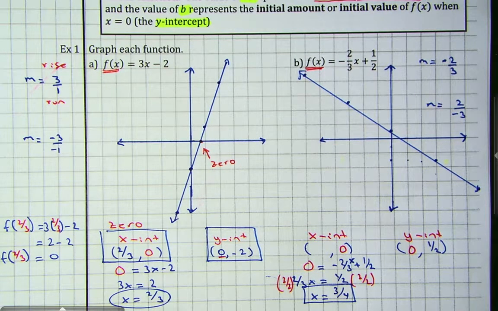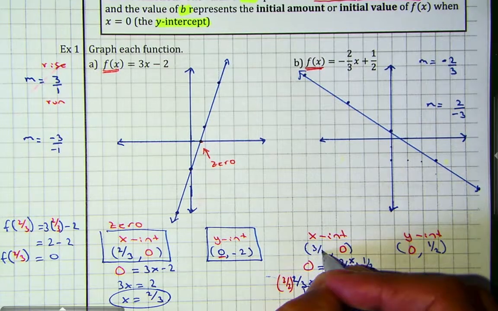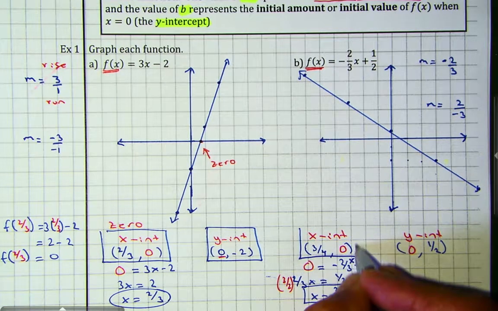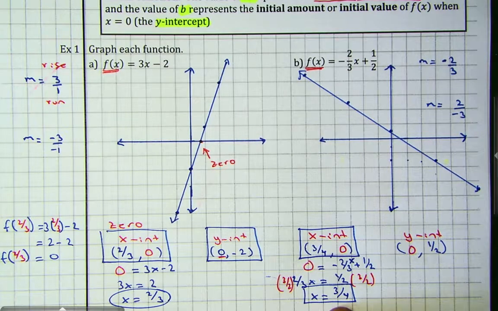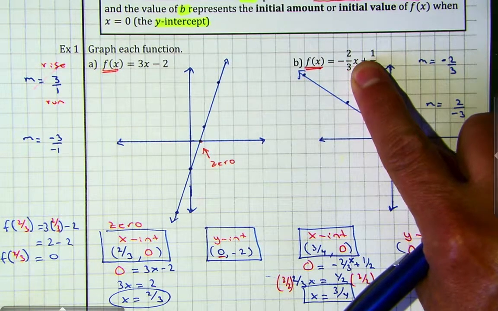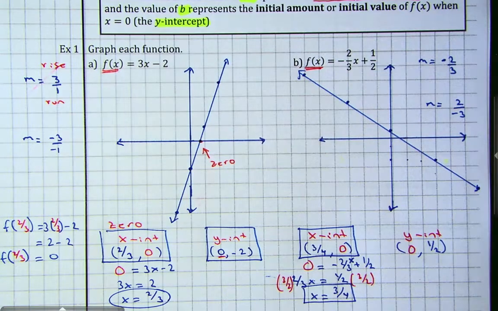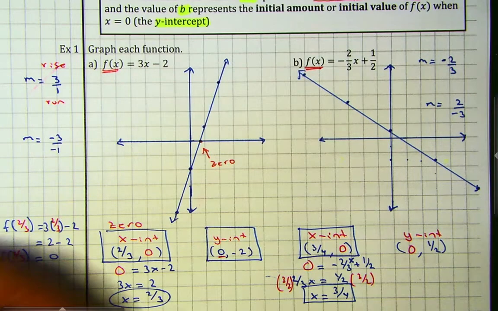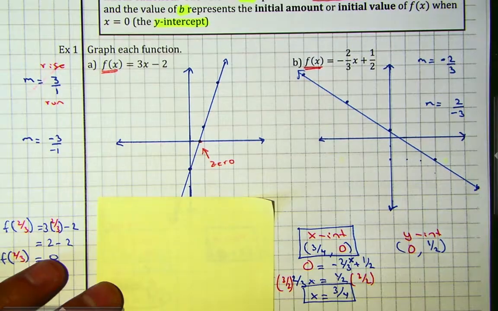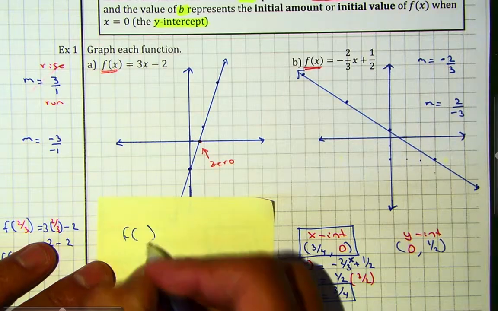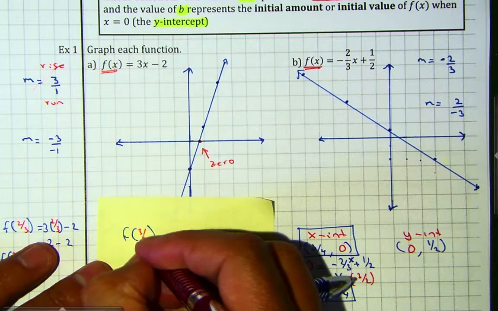And we can always confirm if that is correct. If we plug in 3/4 into the equation, it should give me 0. Does it? Well, let me just do it very quickly. Instead of the x, I'm going to plug in 3/4.